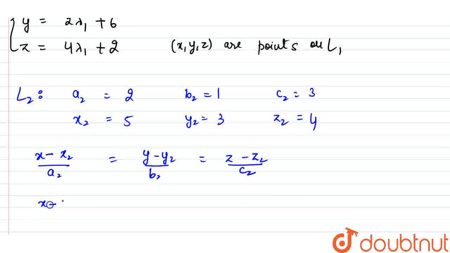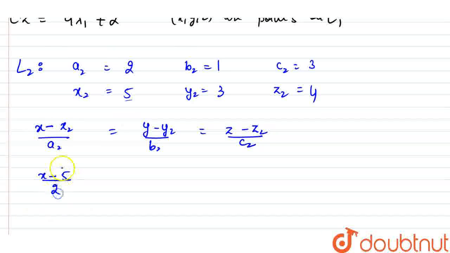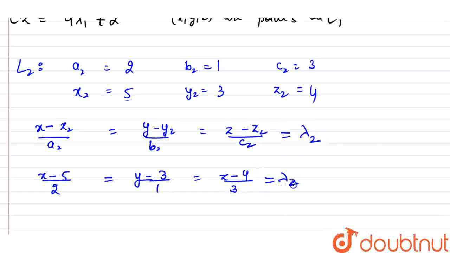So this gives (x minus 5) by 2 equals (y minus 3) by 1 equals (z minus 4) by 3, and this equals some constant, let's say lambda 2.